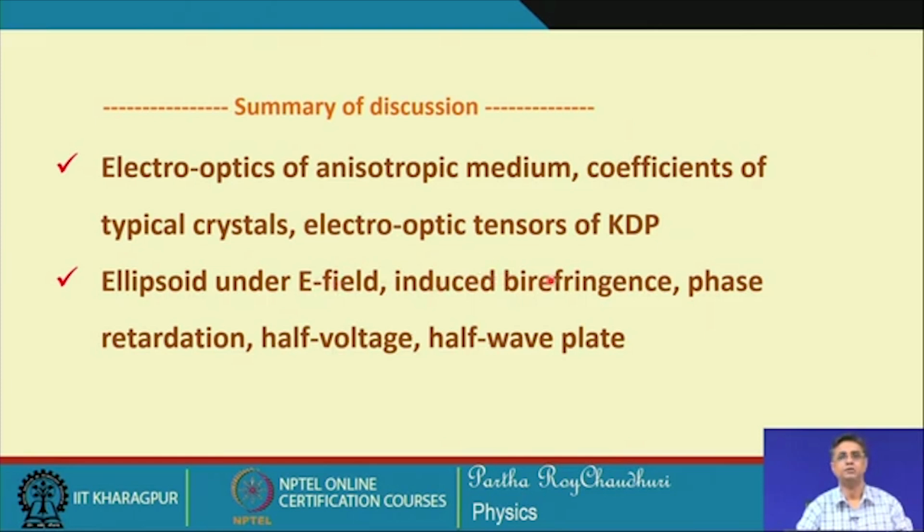In the case of longitudinal mode of operation, we estimated the induced birefringence, phase retardation, then half-wave voltage and use of KDP as a half wave plate. Also we compared the half-wave voltage for KDP and K D star P. We saw that it is about one third in the case of the higher electro-optic tensor coefficient for K D star P. Thank you.